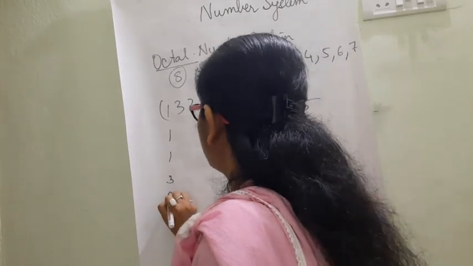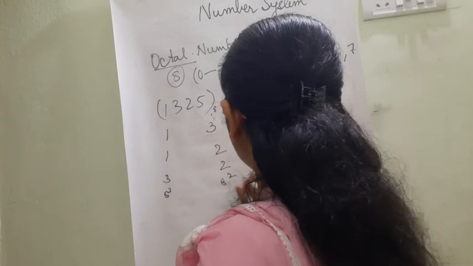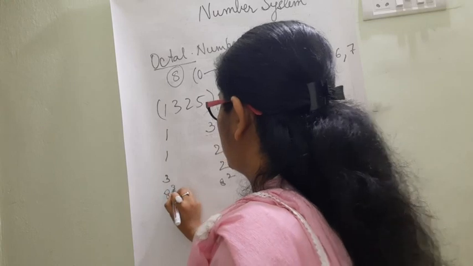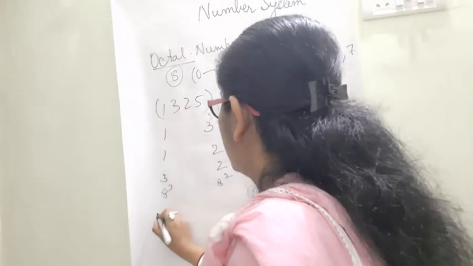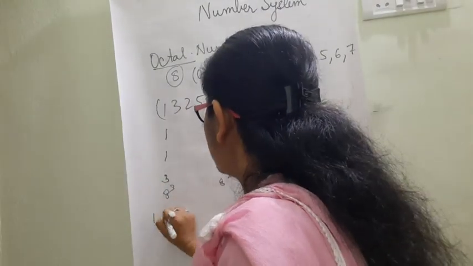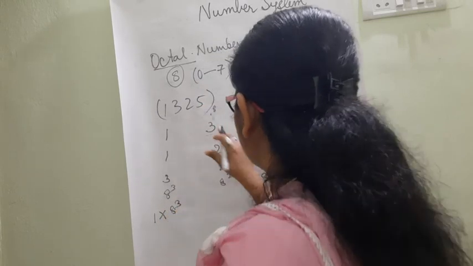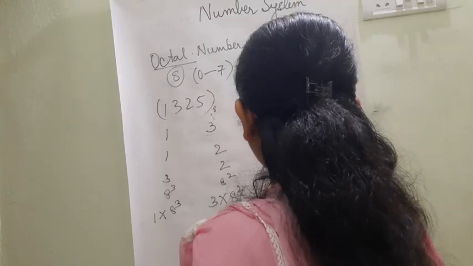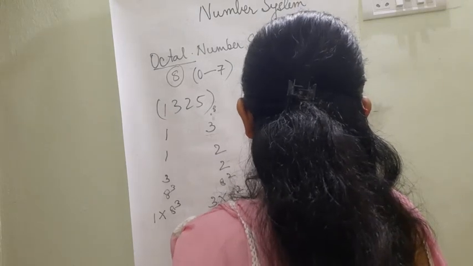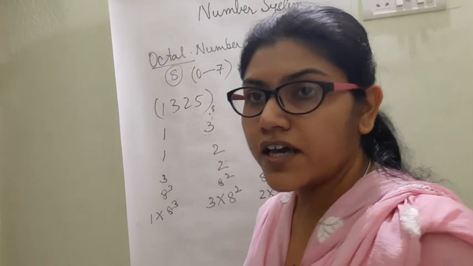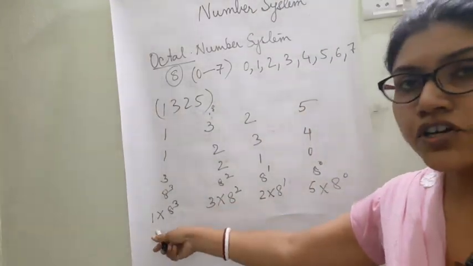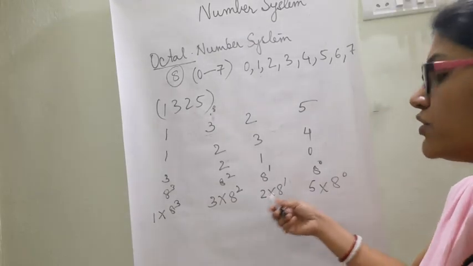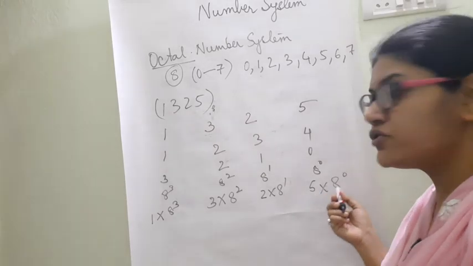Now 8 to the power 3, 8 to the power 2, 8 to the power 1, 8 to the power 0. So 1 into 8 to the power 3, 3 into 8 to the power 2, 2 into 8 to the power 1 and 5 into 8 to the power 0.